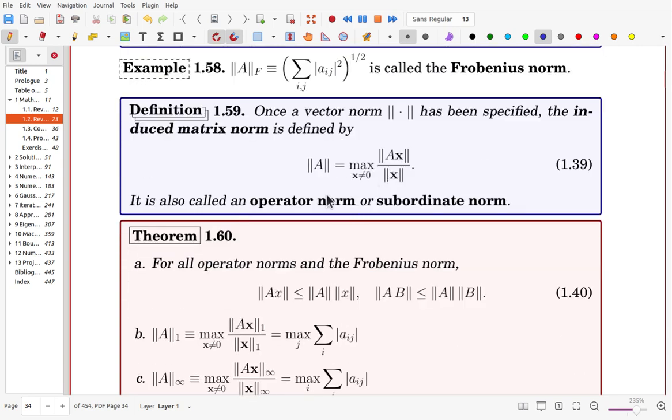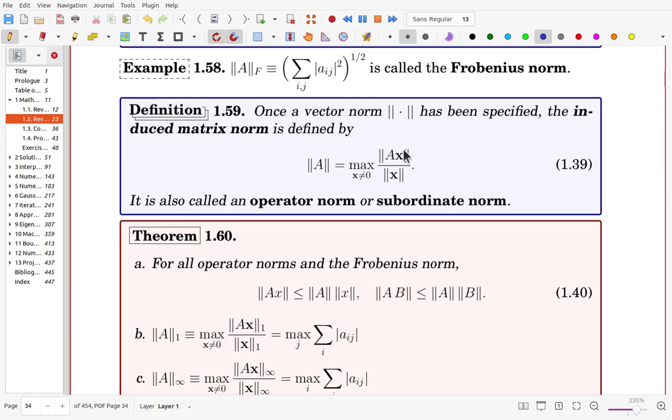Here, the norm is the maximum over every non-zero vector x of the norm of Ax divided by the norm of x. Once a vector is multiplied by the matrix, this itself is a vector.